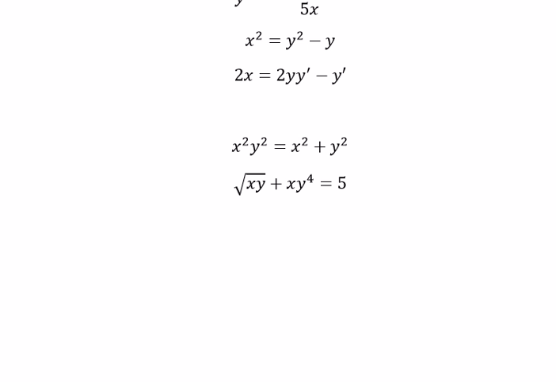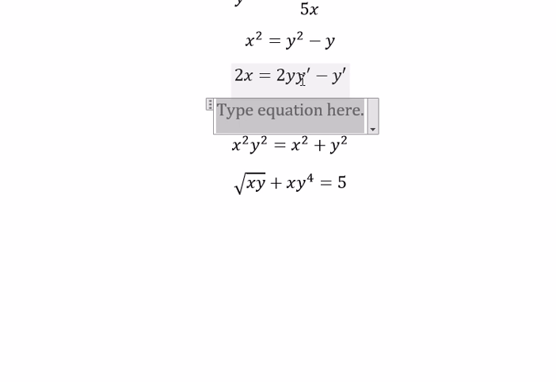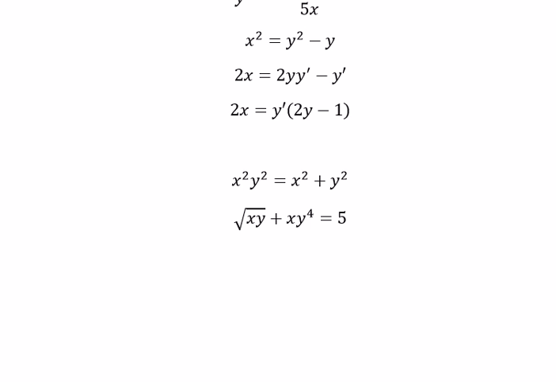And now we can do factorization here. Next, we divide both sides by 2y minus 1, and you get the derivative of y equal to 2x over 2y minus 1.